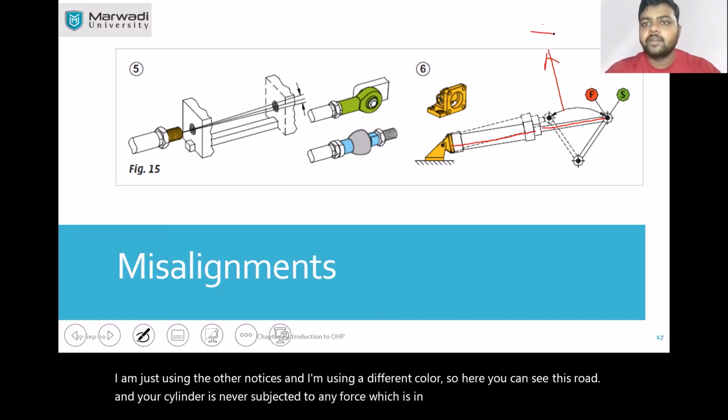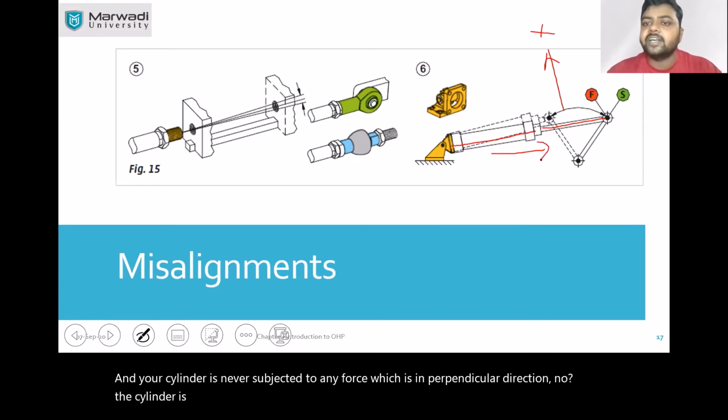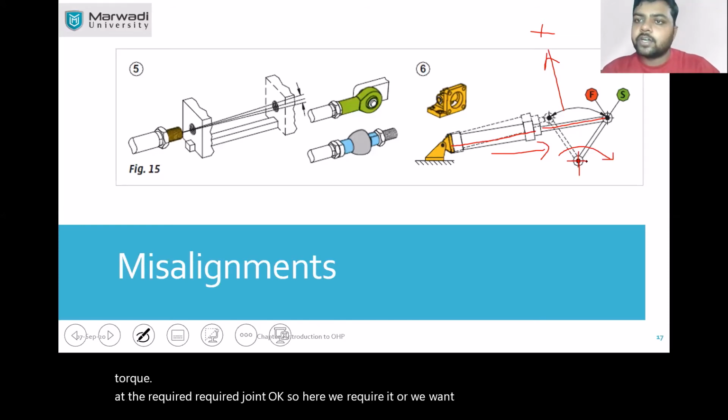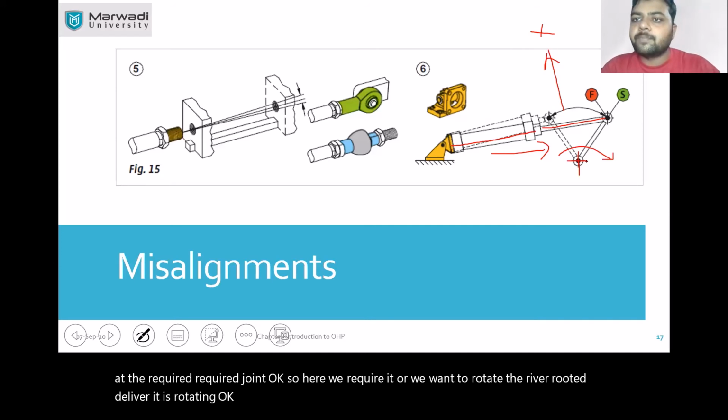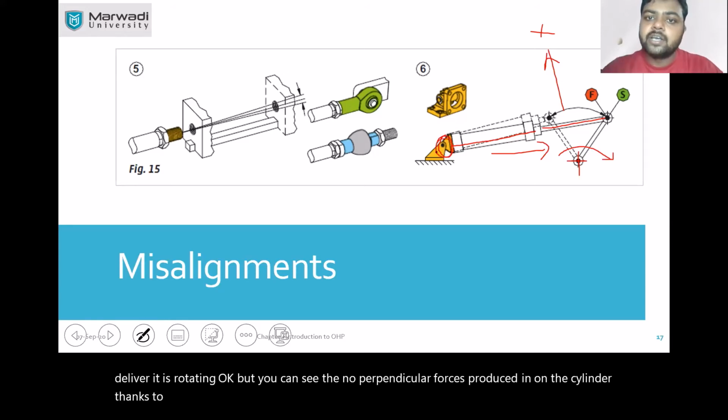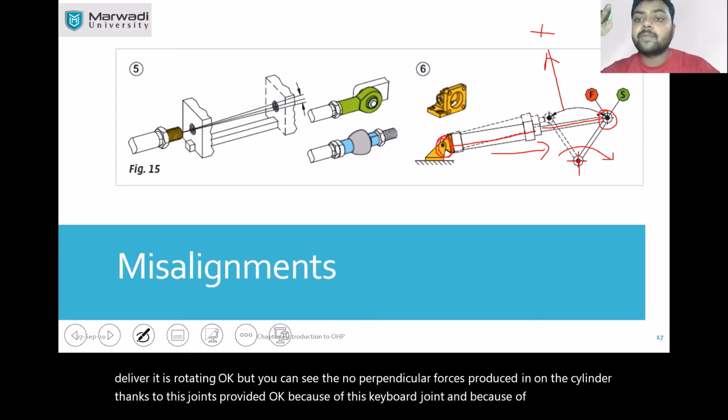The cylinder is only producing force in this direction, and that force is producing some sort of torque at the required joint. Here we require a torque; we want to rotate the lever, and it is rotating. But you can see that no perpendicular force is produced on the cylinder, thanks to the joints provided. Because of this pivot joint and this pivot joint, no perpendicular force is produced.